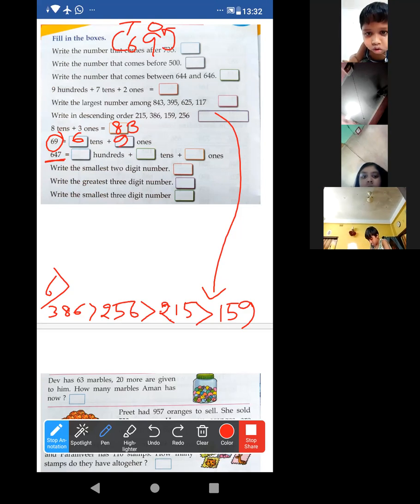Completed up to this, up to 8. Rahat, done up to this? Not okay, okay. Actually not done. Okay, here also I am writing the answer if you have not done it. 843.